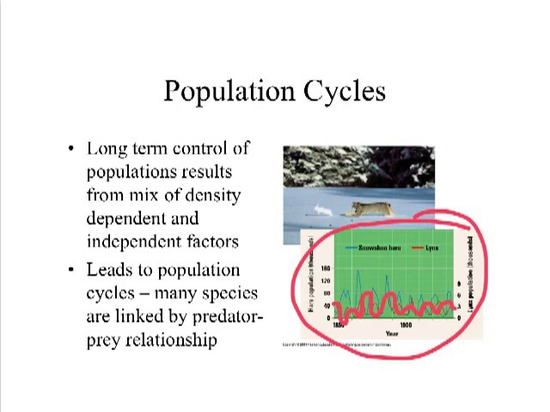And if we take a look at the population of, for example, here, snowshoe hares and lynx, the snowshoe hare is the little rabbit there, and the lynx is the cat-type animal. We're going to see that this is a specific predator-prey type of relationship, and their populations are going to mirror each other.